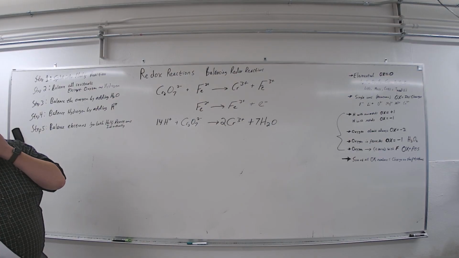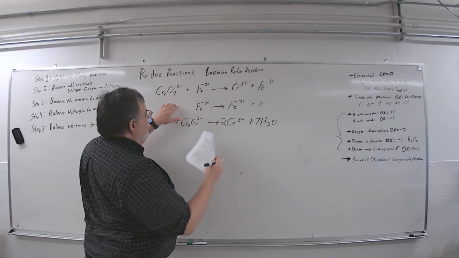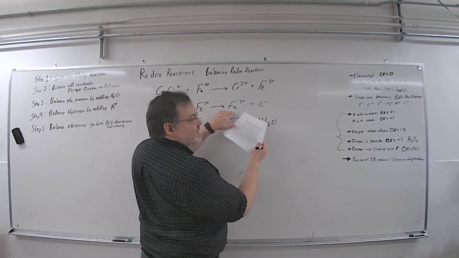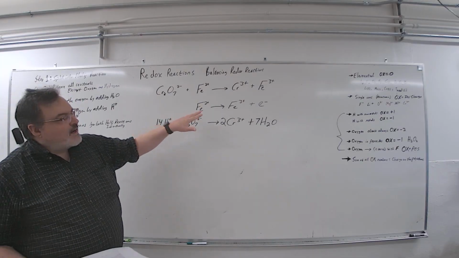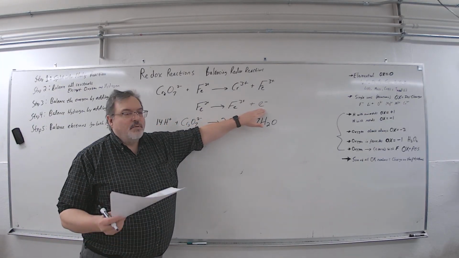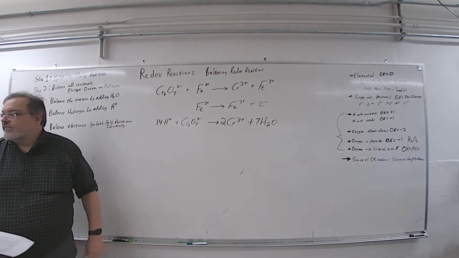Do you see that logic? I didn't write it over here because an Fe2 plus and an electron would give us an Fe1 plus. So to make this arrow make sense, I needed the electron on this side, because a 3 plus and a negative is going to be a 2 plus. Follow that?